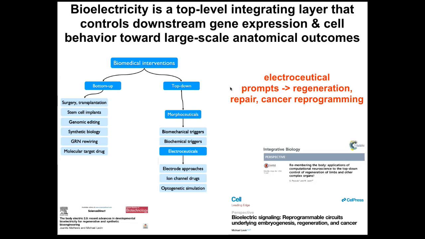And so I think what we're going to have, in complement to the kinds of bottom-up systems that are exploited today by medicine, are some very interesting top-down interventions that have to do with the use of electroceuticals, which are a subset of a broader field that will also encompass biomechanics and biophotons and biochemical signals, of course. But the aim is not to micromanage the molecular pathways, but to convey new information, new set points, and alter the boundaries of the systems that are making decisions about what they're going to do.